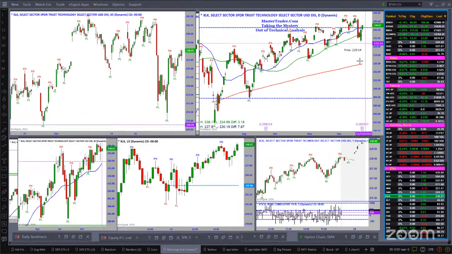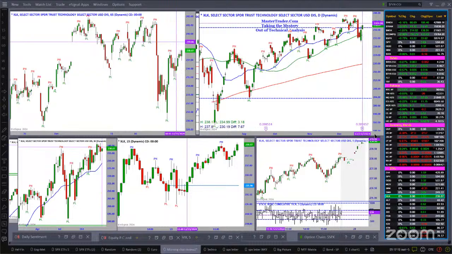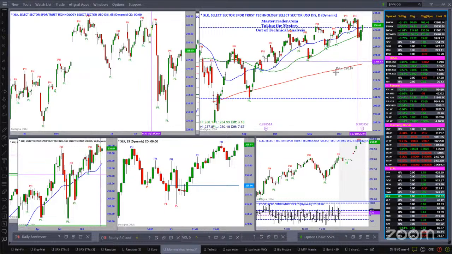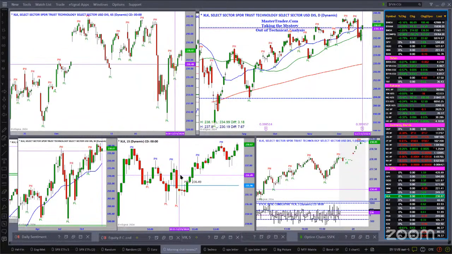Now, technology, you can see gapping up a little bit, and this is getting deep into the wide range bar. So that's a positive. This is one of the few charts on the weekly time frame that there was no change last week. There were lots of changes last week. A lot of things deteriorated, as you probably know.